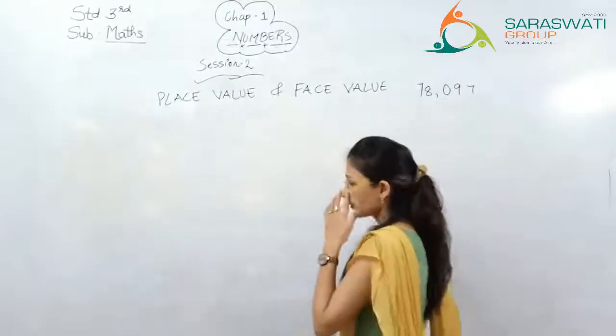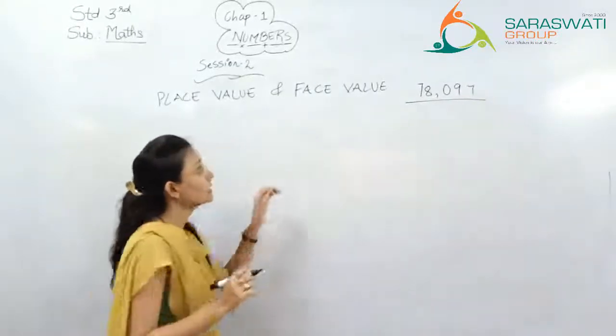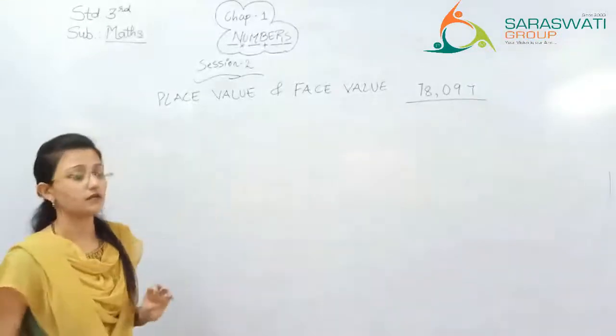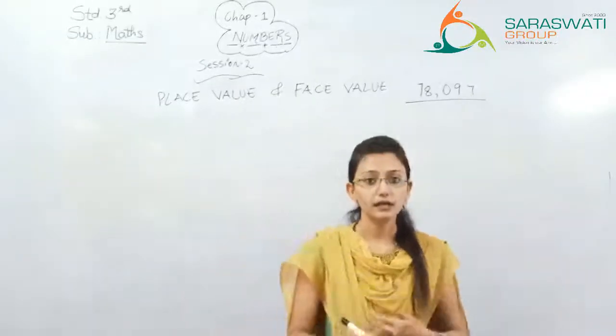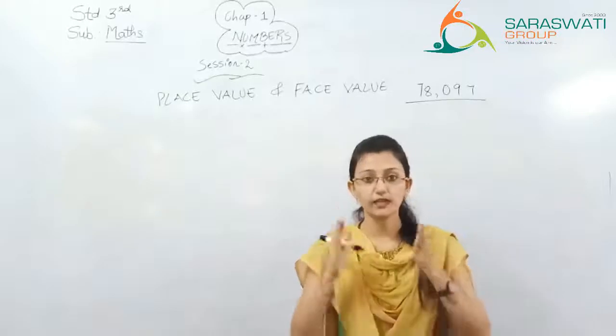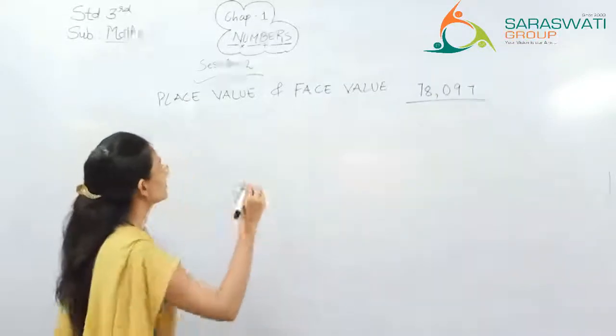Here I have taken one number, 78097, which is a 5-digit number. So now we are introducing the face value and place value of this number.